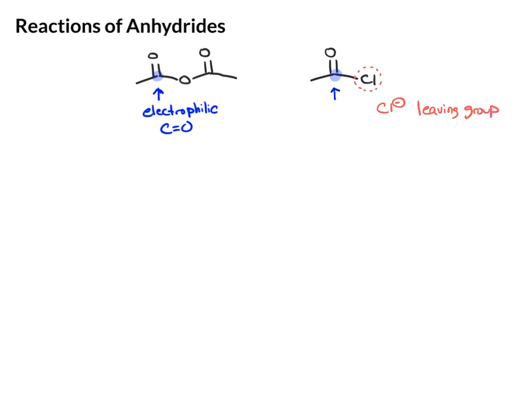Well, in the anhydride, it's a bigger thing, but this whole acetoxy group is a leaving group. And don't forget, sometimes you'll see this group abbreviated as just OAc, to simplify it.